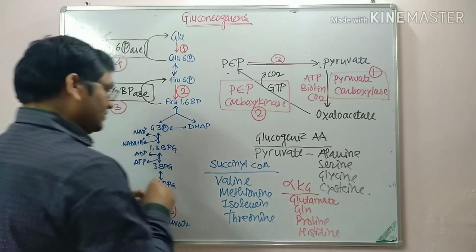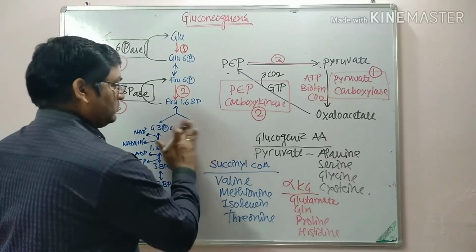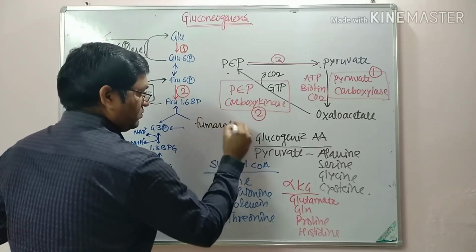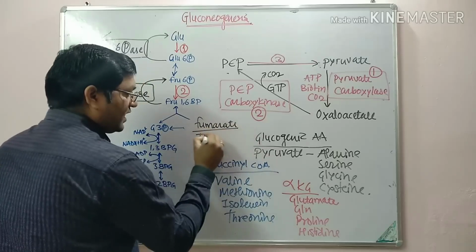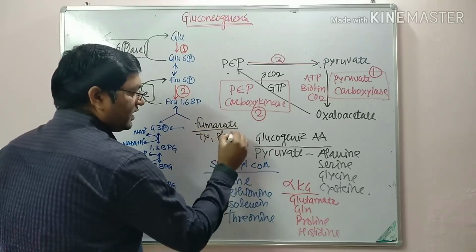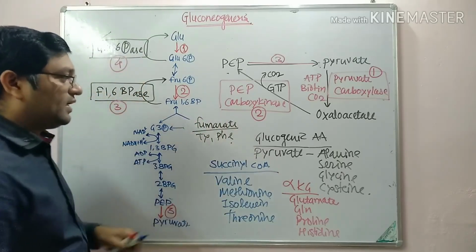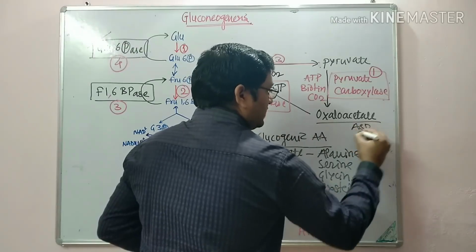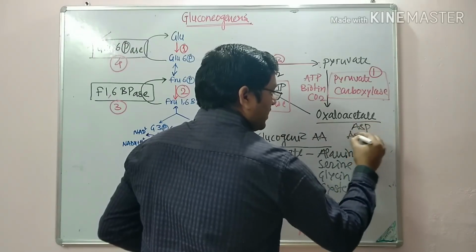Then fumarate is given by tyrosine and phenylalanine, and oxaloacetate is given by aspartate and asparagine.